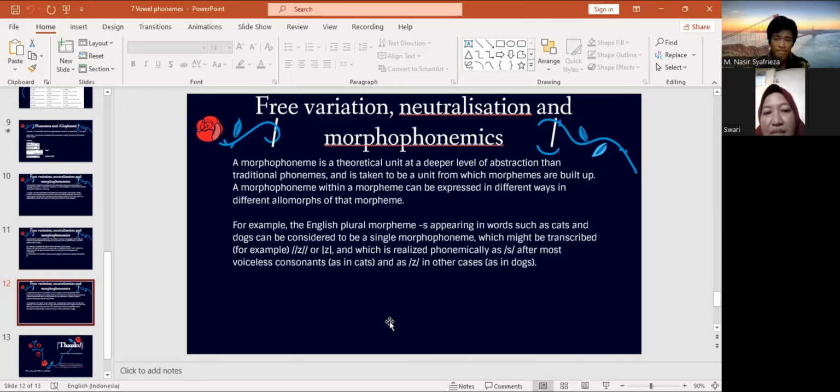For example, the English plural morpheme, as appearing in words such as cats and dogs, can be considered to be a single morpheme, which might be transcribed, for example, as Z between slashes, and which is realized phonemically as S after most voiceless consonants, as in cats, and as Z in other cases, as in dogs.